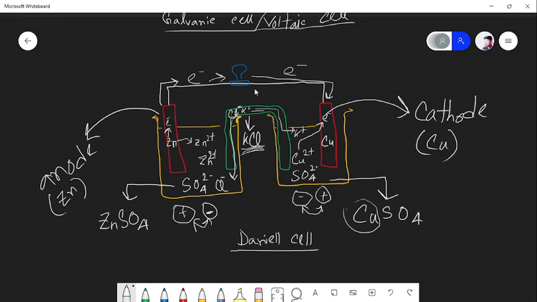And since electricity is produced here, chemical energy is converted into electrical energy.